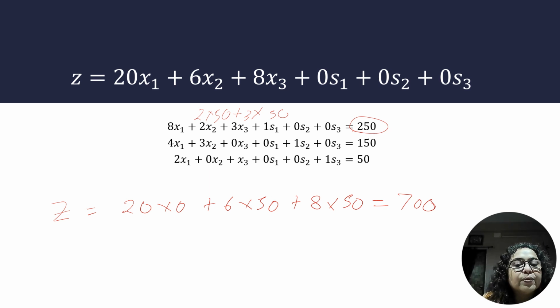Then I have again this is for x1, so x1 is 0. So 3 into 50, that is 150, and we have 150. And this one again, this is 0. I have this one, x3 is 50. That's why I have 50. All the three constraints are exactly satisfied.